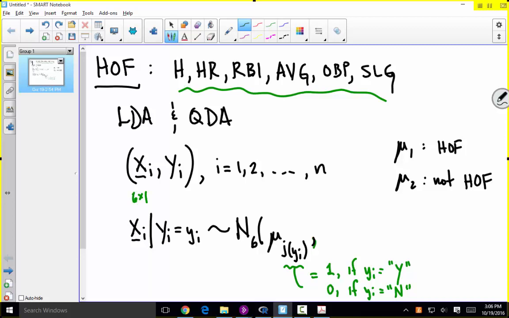And most generically, we could say there's a covariance matrix that also is specific to class.